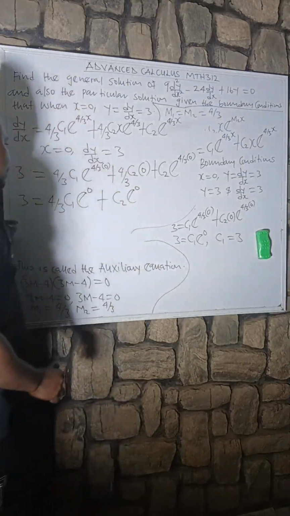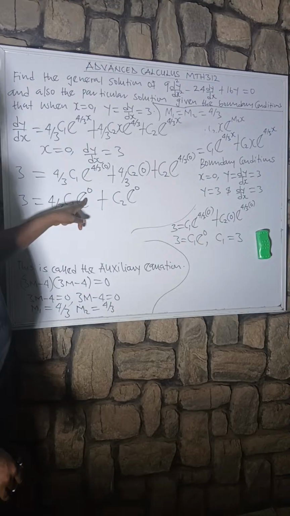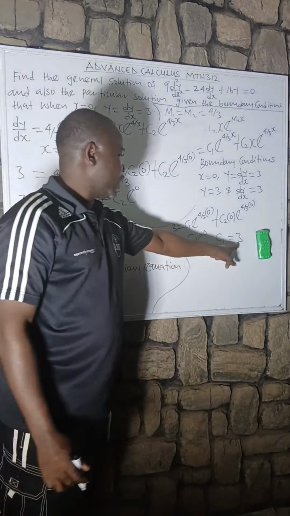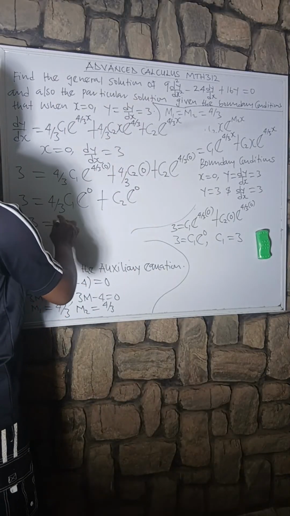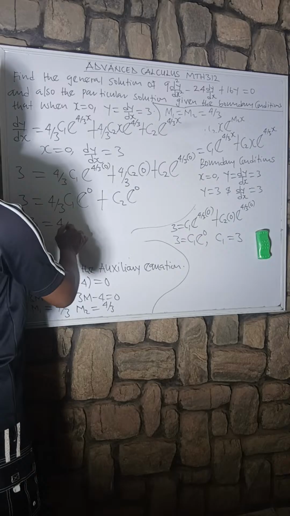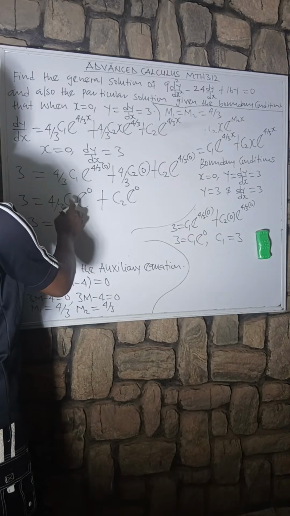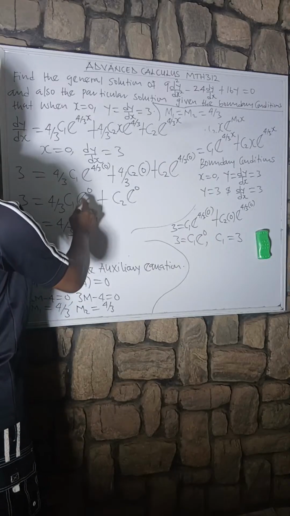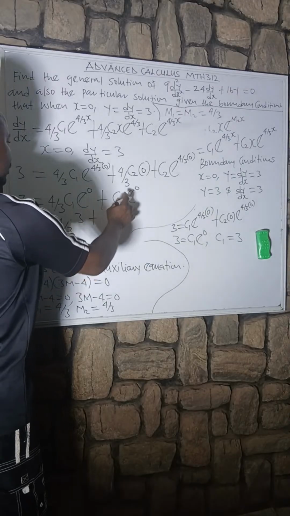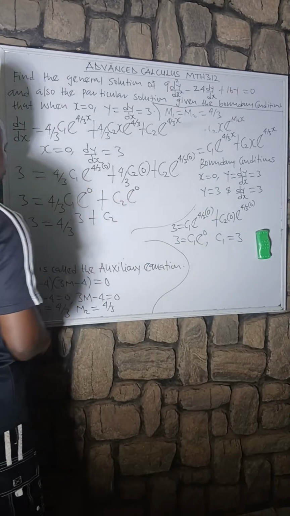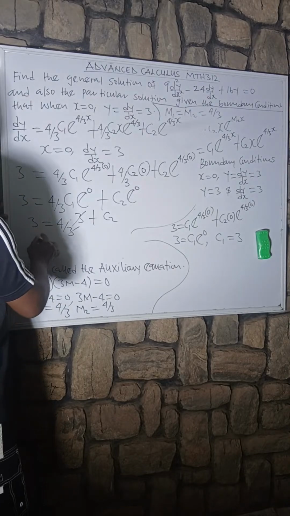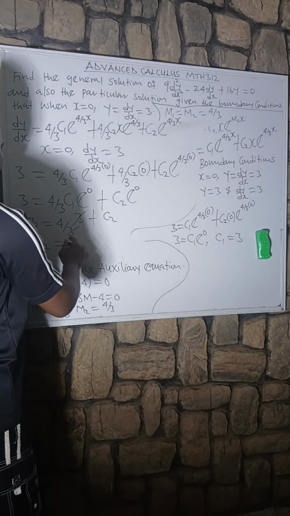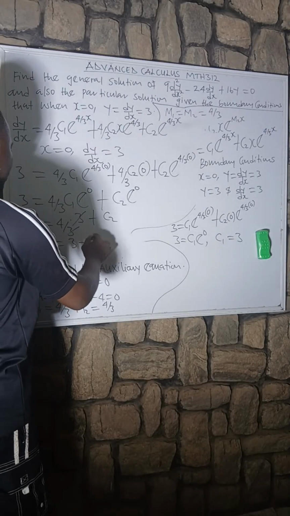True or false? So can you see now this is 0, but C1 is equal to what? 3, isn't it? So our 3 equals 4 over 3 times C1, which is 3. This is 1, plus this is C2. So this cancels this. So our C2 will now be equal to 3 minus 4.